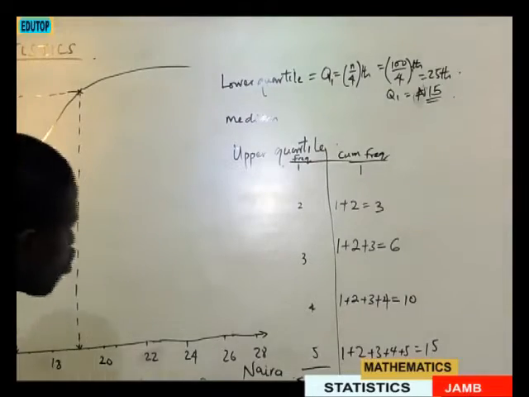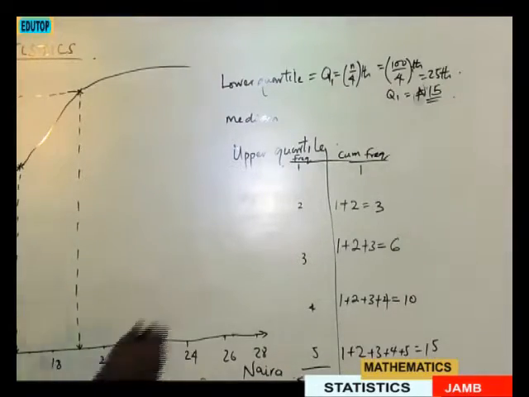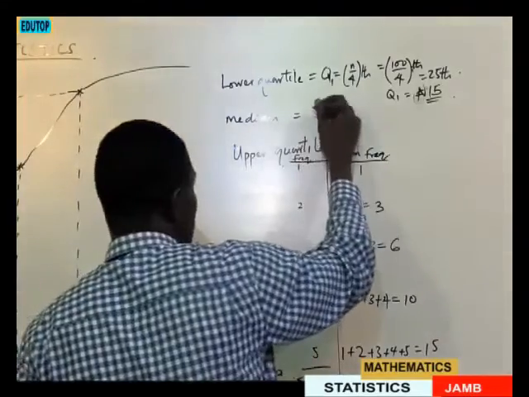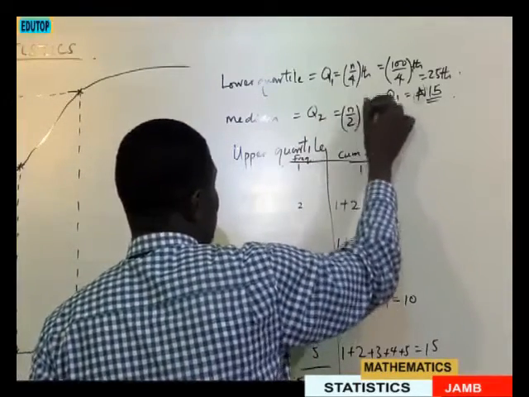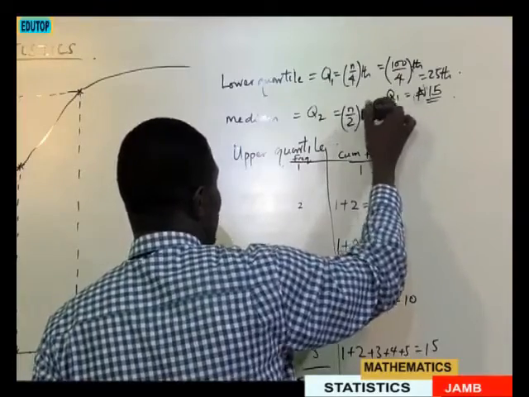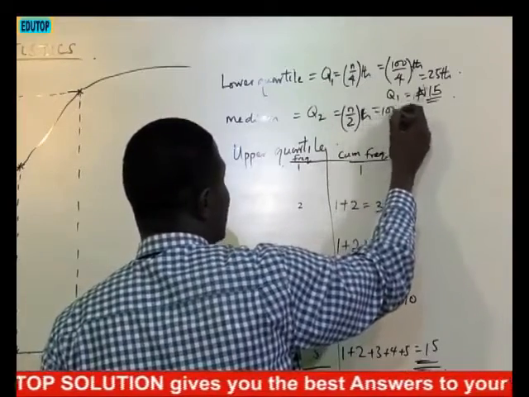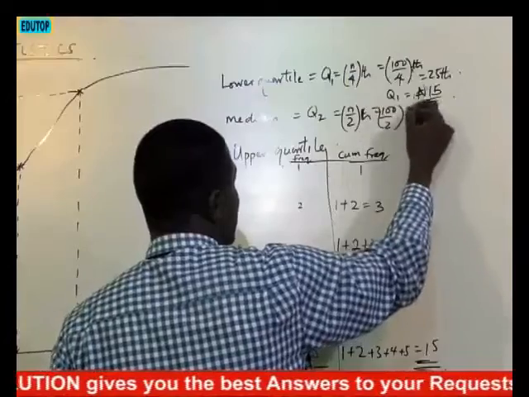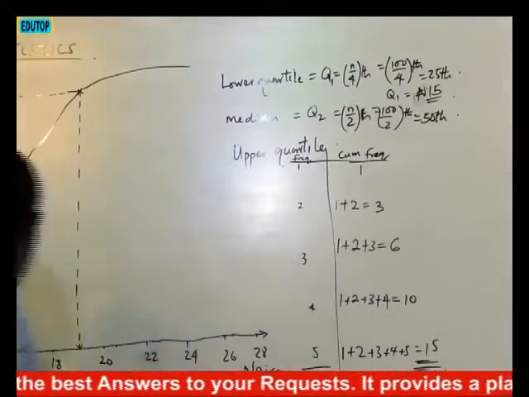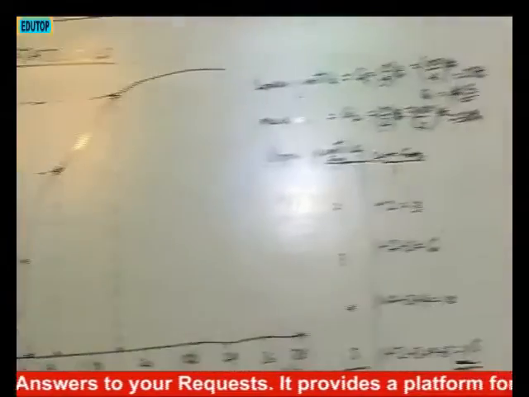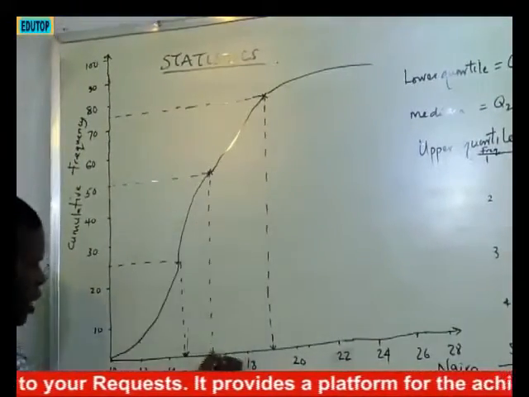That is how to get your lower quartile, Q1. Then your median is Q2, and it is N over 2 th. Since our N is 100, it will be 100 divided by 2 th, and that will be the 50th. So we also go there. Look at the 50th here, we trace it with a broken line, then trace it down.